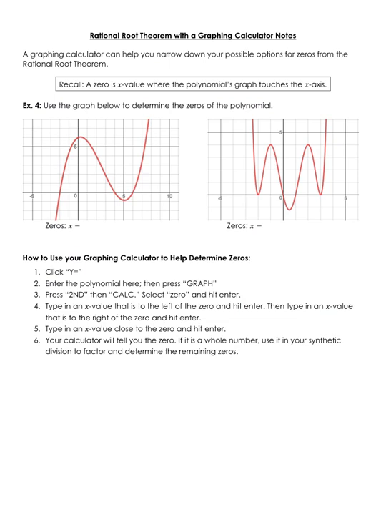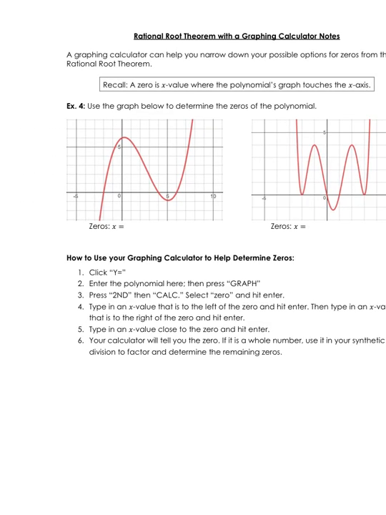One way to help you out is to use a graphing calculator, or you can use Desmos. So if you have the equation, you can actually, we're going to kind of skip down here, you can use these steps to help you graph the equation and then determine the zeros. You can use this on Desmos as well.